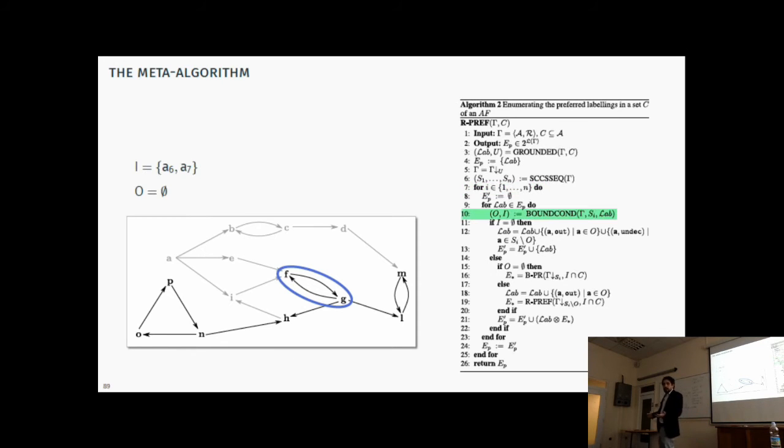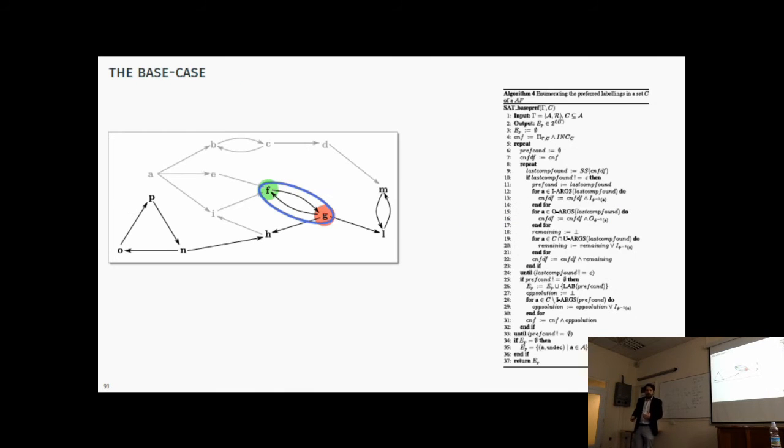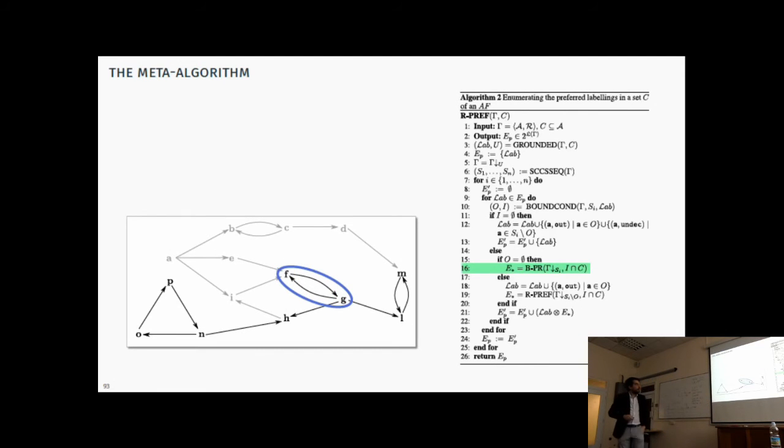But at this point, we can reuse essentially the same algorithm we had before and compute the preferred extensions on this subgraph in exactly the same way that I showed you before. And once we have these preferred extensions, then we need to go back and see how those different preferred extensions propagate on the rest of the other SCCs.